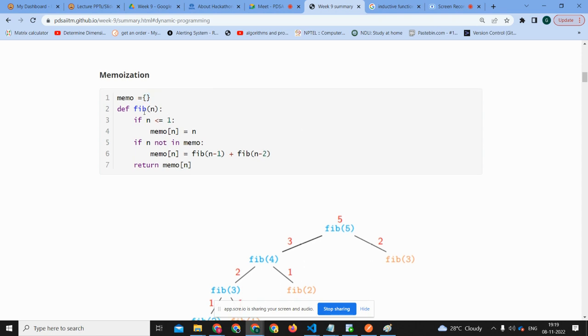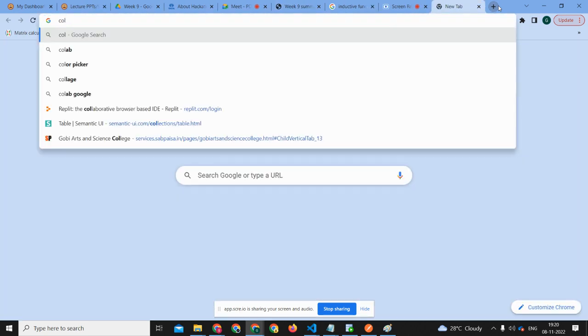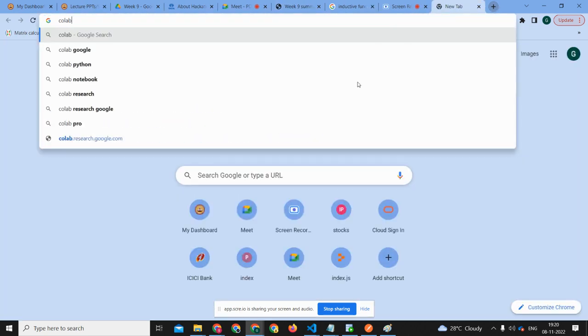Yes, sir. All right. So we are given a number. So Fibonacci of, let's say, 5. If n is less than or equal to 1, you put it in memoization. This is a dictionary, right? So you're going to put it. Shall I take this to a Colab, just like how we used to do? I'll be able to do it now.